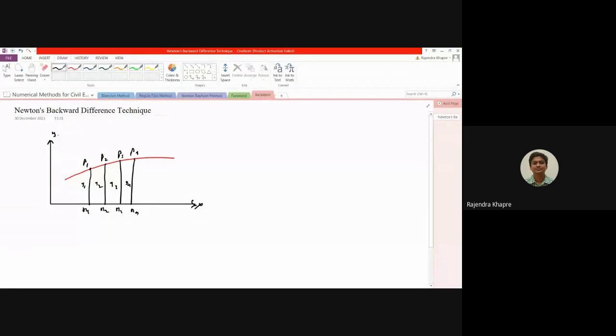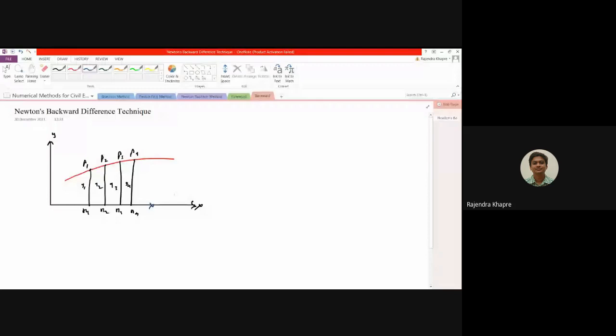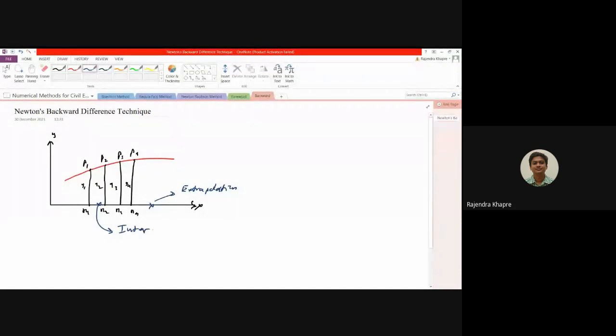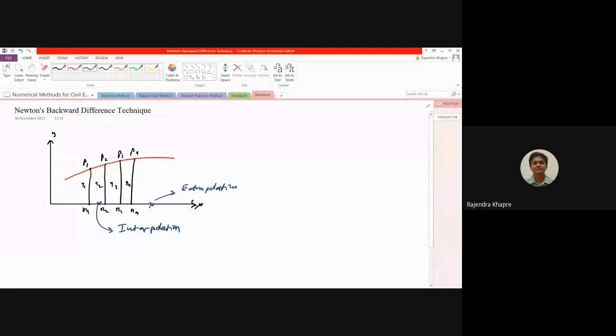If you want to predict the value of y when the x value is beyond the data set, then it is called extrapolation. But if your x value is lying in between the data set, then it is called interpolation. In the previous class we have seen the Newton's forward difference technique, and today we will see the Newton's backward difference technique.